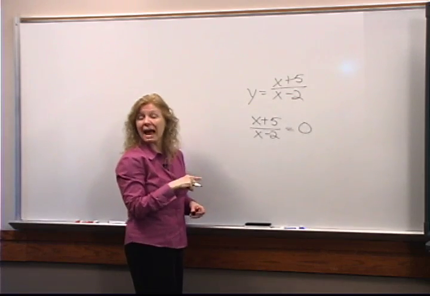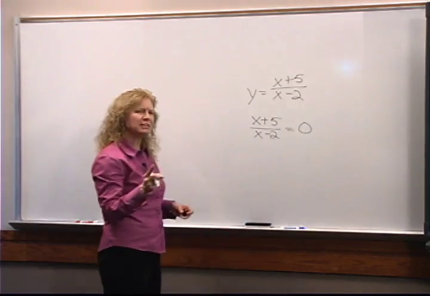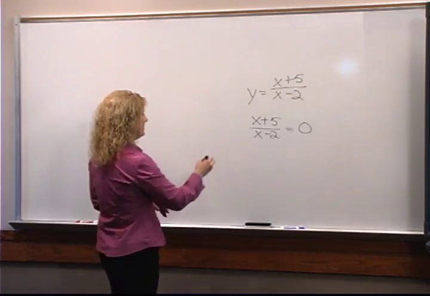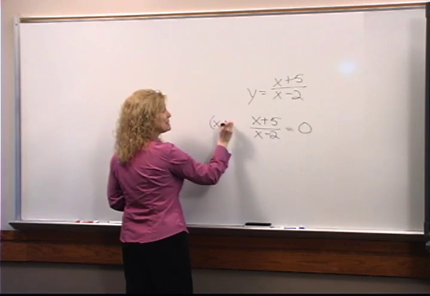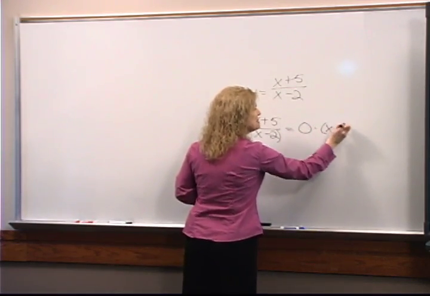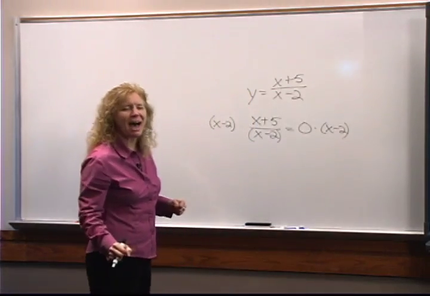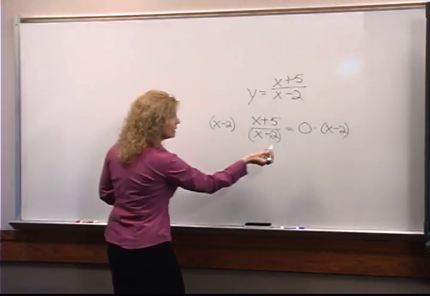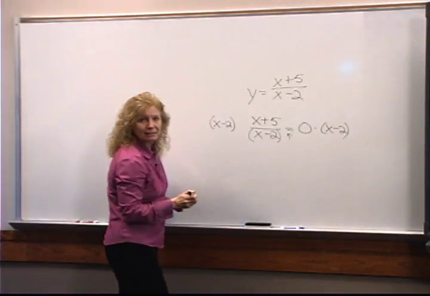Now, by the way, we did actually do this just a few minutes ago for a different reason. What am I going to do? I'm going to multiply by x minus 2. Now, I know somebody's saying, what? You just told me not to do that. Wait a minute. I've got an equal sign.